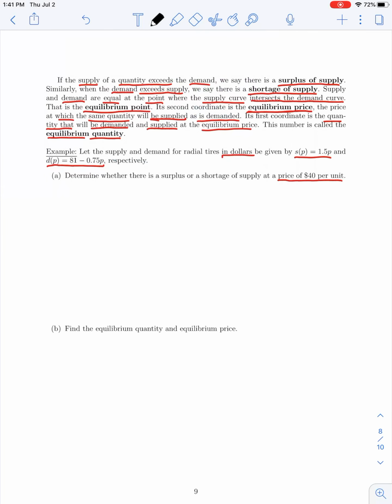All right, so let's start by finding our supply for that price. It would be given by S of P, where our price is $40 per unit. And using our function, we have 1.5 times P, which is 40. So 1.5 times 40 leaves us with 60 units, which are being supplied at that price.